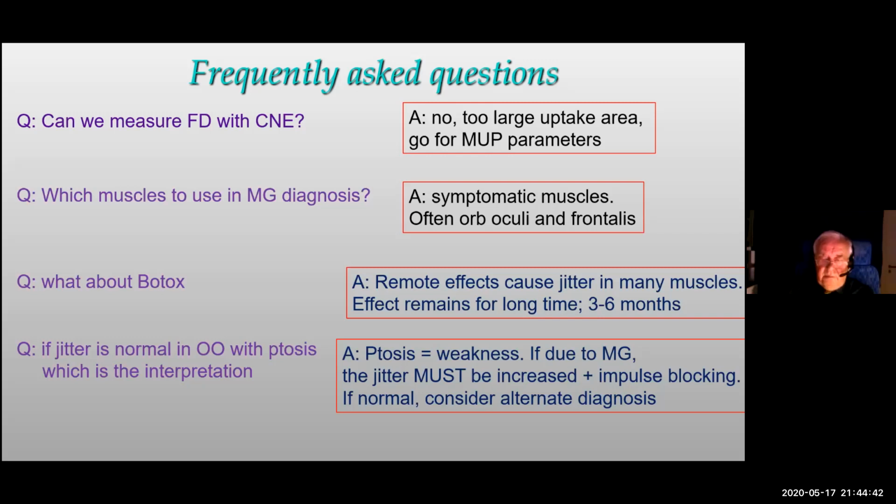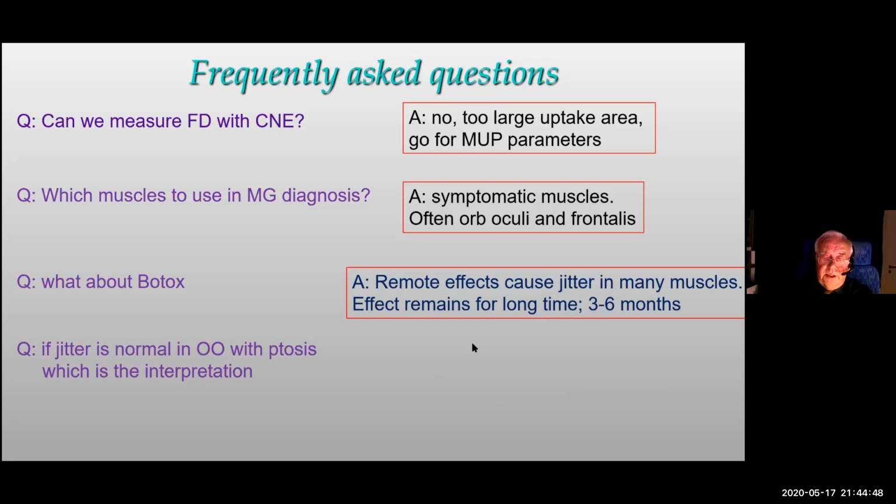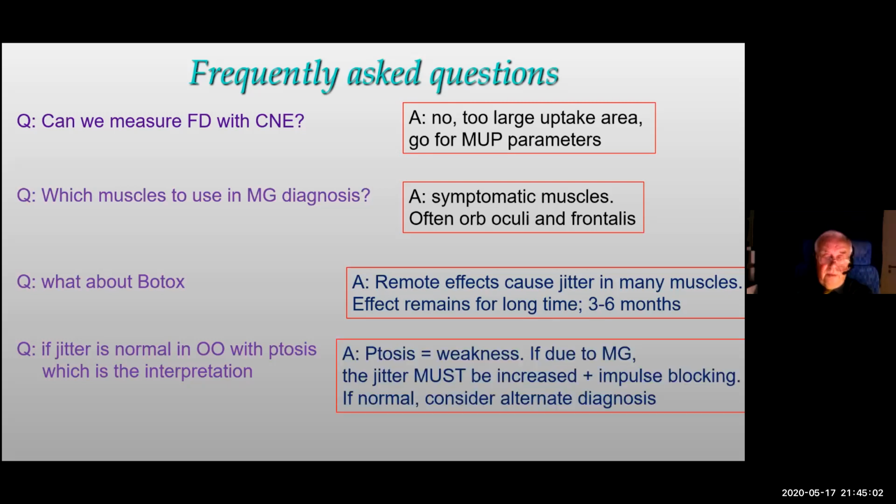That can be the whole explanation. Botox remains for a long time, much longer than we think. Here I have written 3 to 6 months. Some people say even longer. So if you have Botox in a patient, then it's difficult to trust the jitter value.